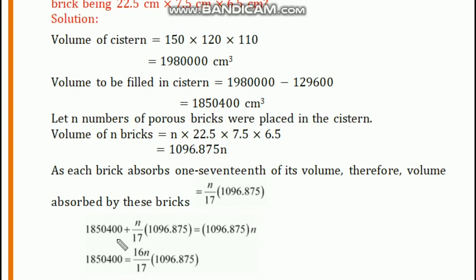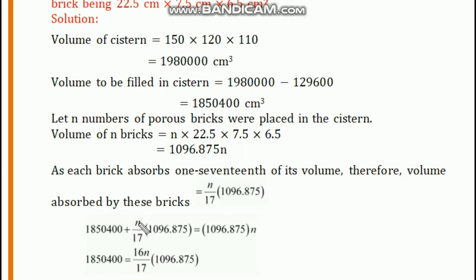We don't know how many bricks. These two are equal according to the given conditions. So by using this condition we can find out the number of bricks.